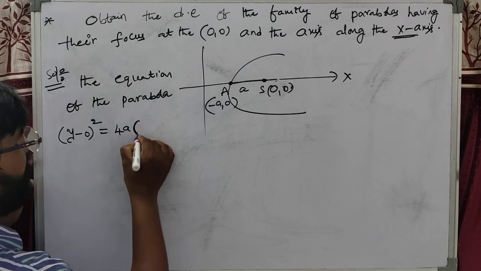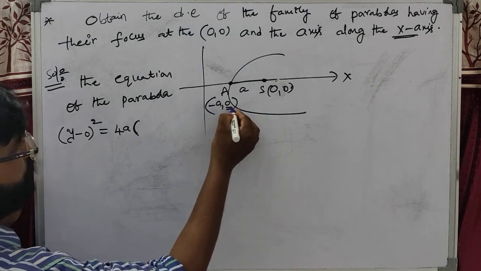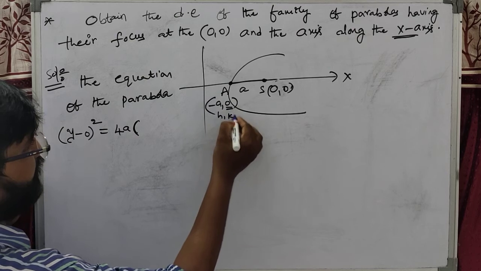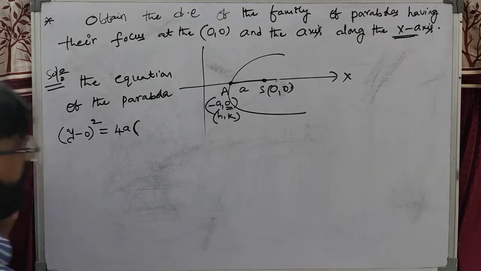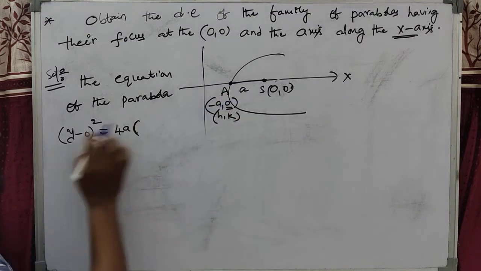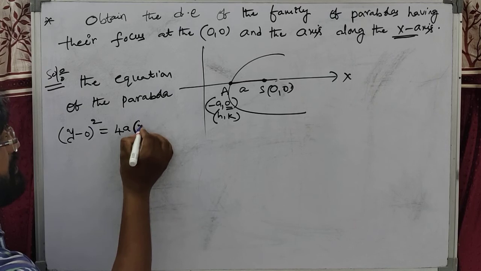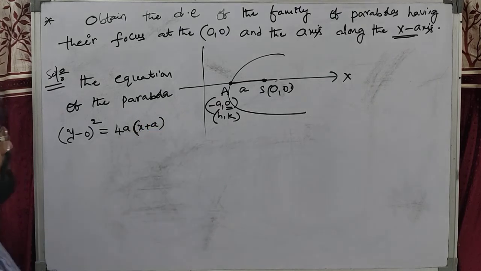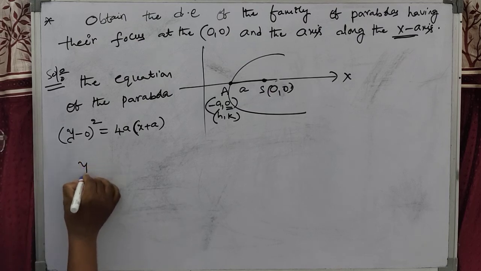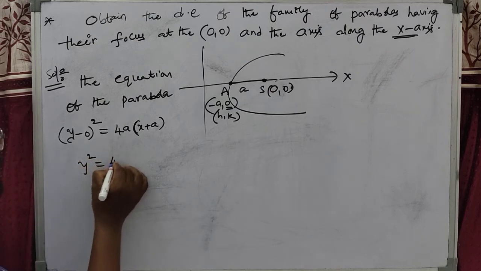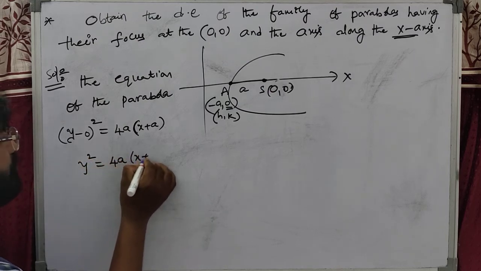You can understand the vertex we can take as h comma k. So y minus k, y minus 0 whole square, equals 4a into x minus h. That is x plus a. We can write this as y square equals 4a into x plus a.